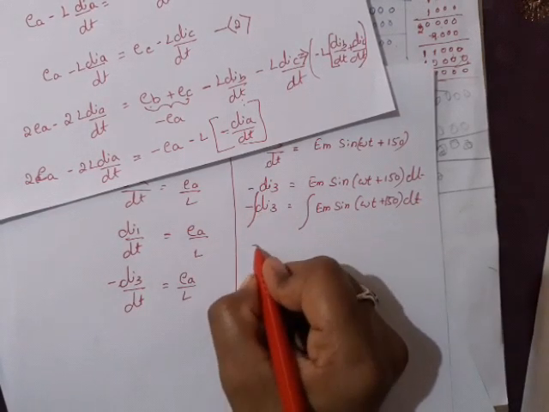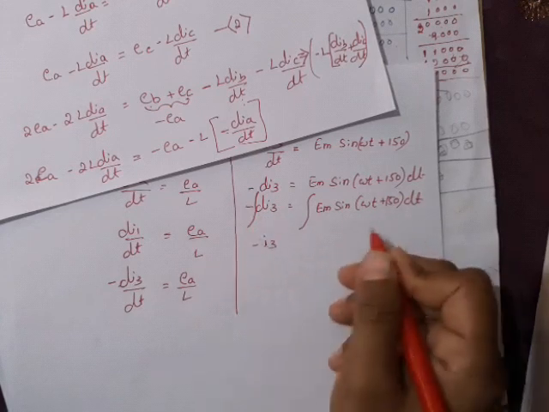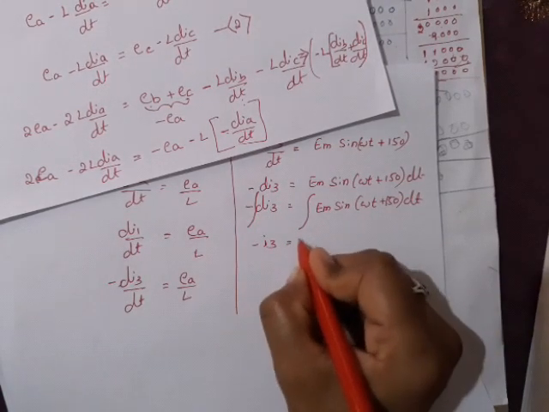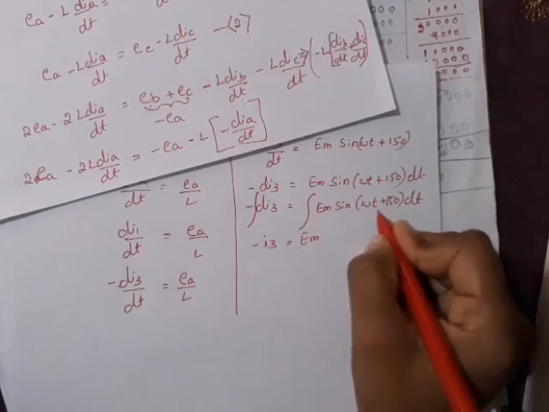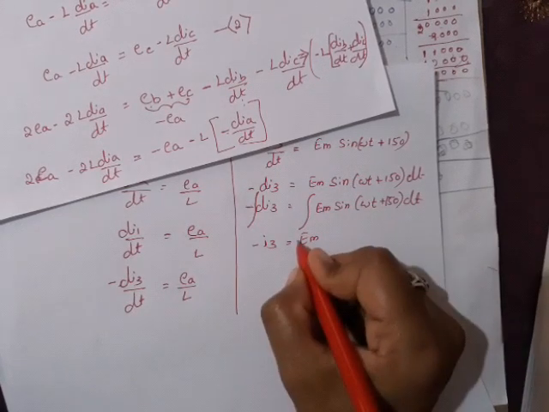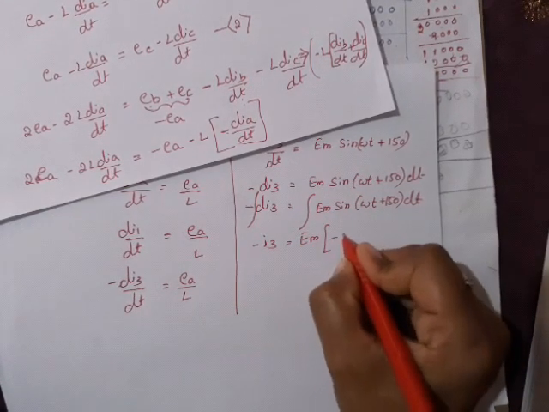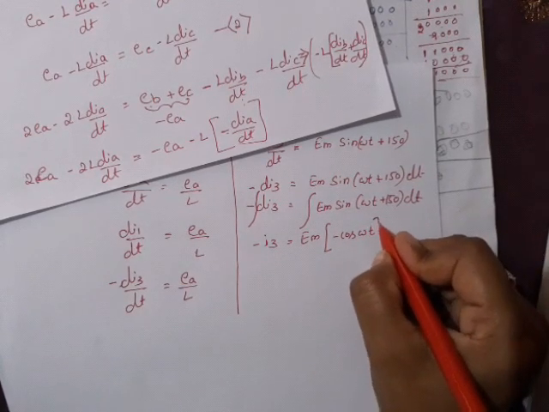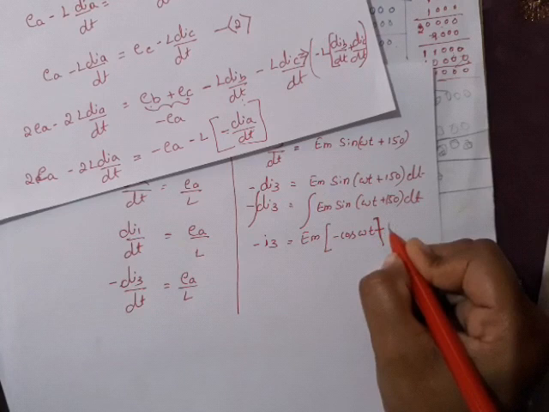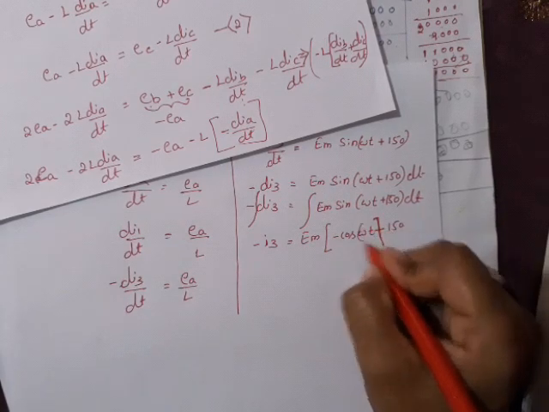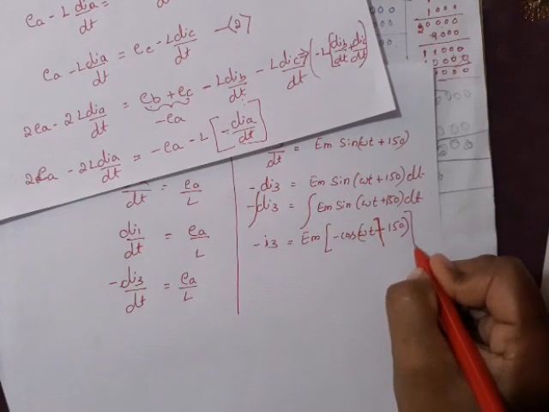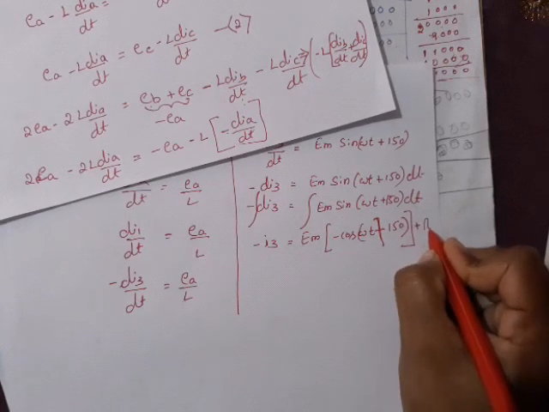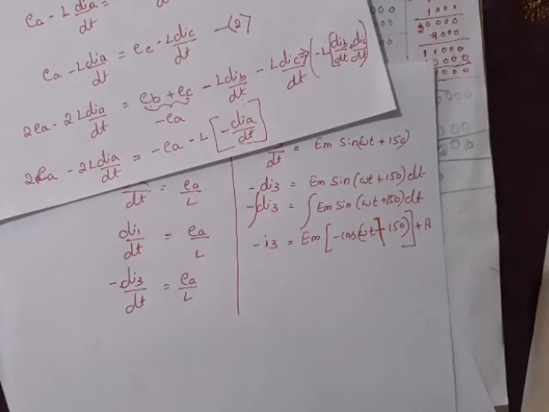So this will become minus I3, since integration and differentiation get cancelled, is equal to Em, which is constant, times integration of sin, which is minus cos(omega t plus 150). Since we don't have the integration constant, we have to take the integration constant, plus a.